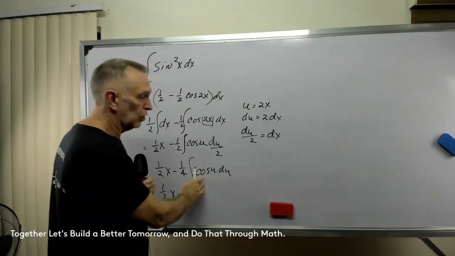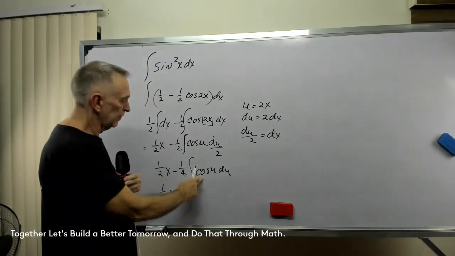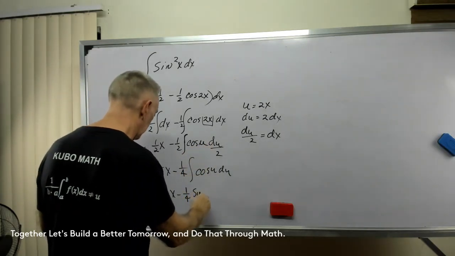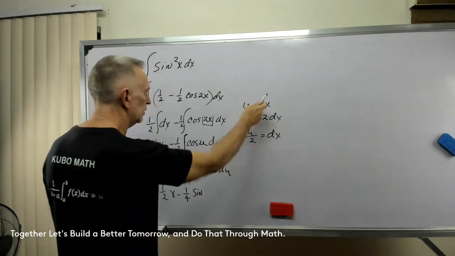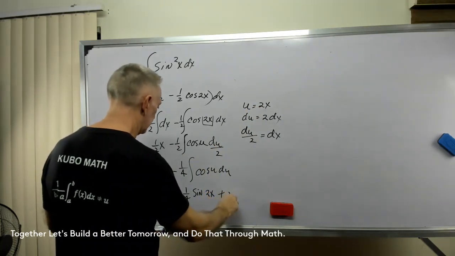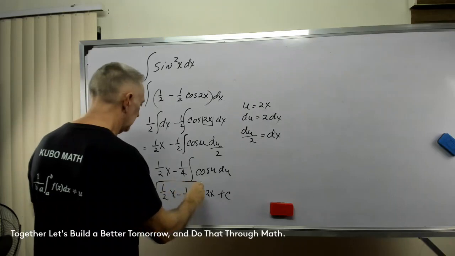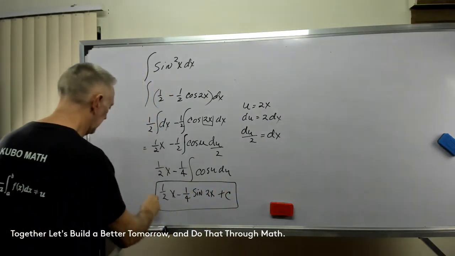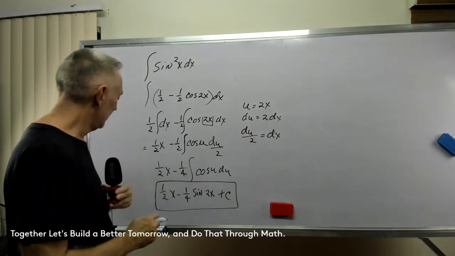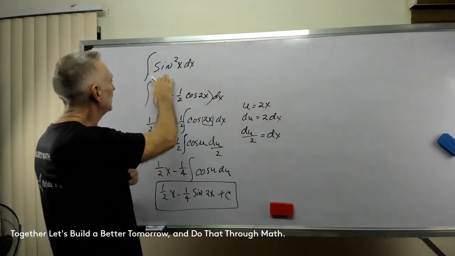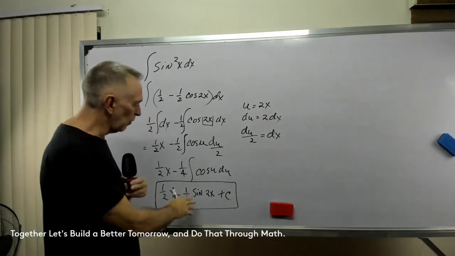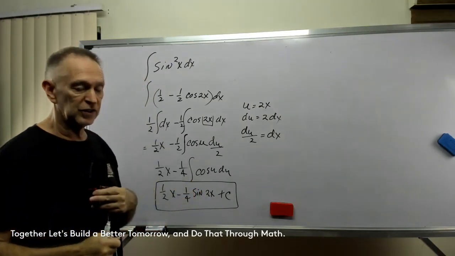The derivative of sine is cosine, so the integral of cosine is sine, so sine u, but u is 2x, plus c. I know this is a short video. They'll get longer as we go up to a point. So the integral of sine squared x dx is 1/2 x minus 1/4 sine 2x plus c.